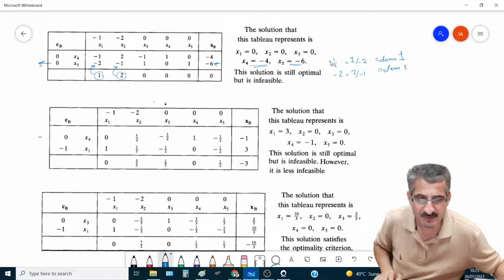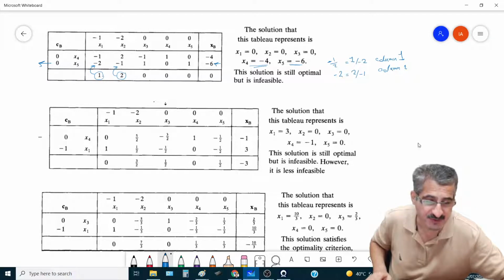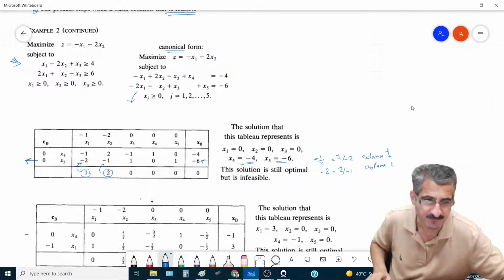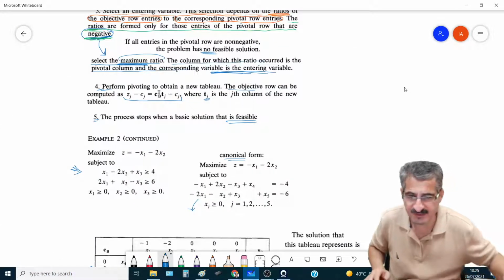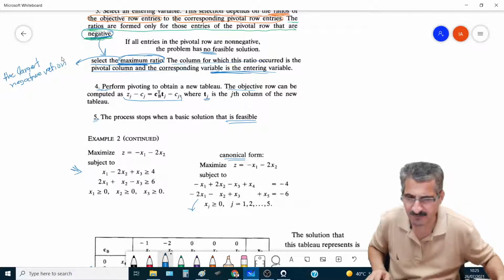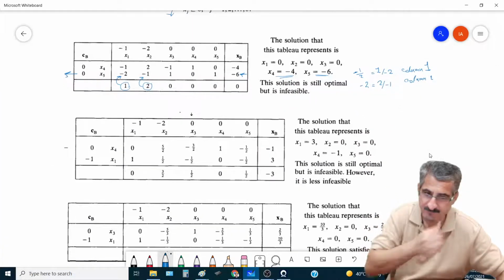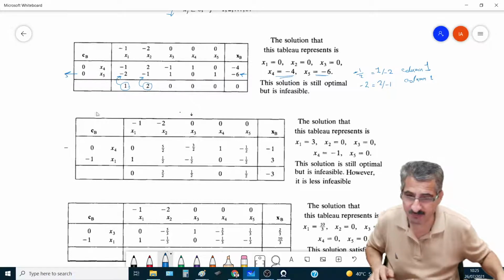Let's go back. Here it says the maximum ratio. Let me write here: the largest negative ratio. So the entering variable would be x1.